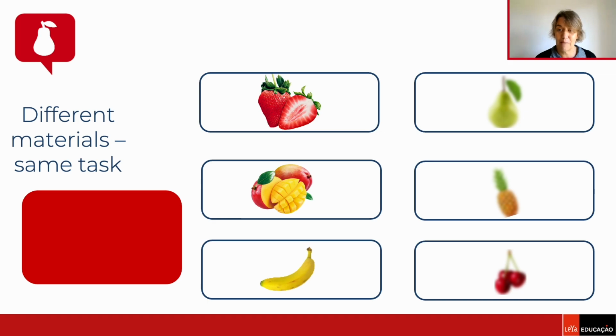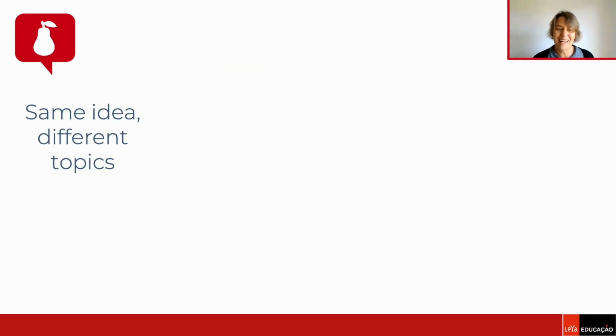You could combine this maybe with art, where the children look at an image from a different perspective and they have to guess what it is. They could draw the fruit or vegetable from a different perspective. The idea of zooming in and zooming out is a very nice way to reflect on perspective as well.